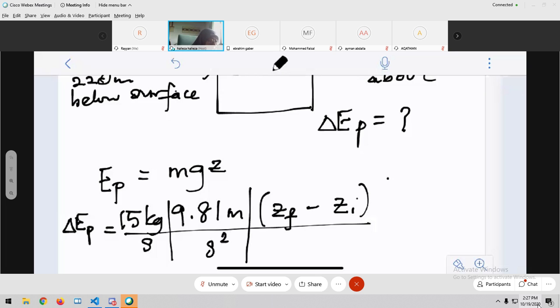Or another way of putting it is, normally we have a subscript of 2 for the outlet, 1 for the inlet. So you can write final, you can write initial, or you can write outlet, or inlet. Either way, or 1 or 2.